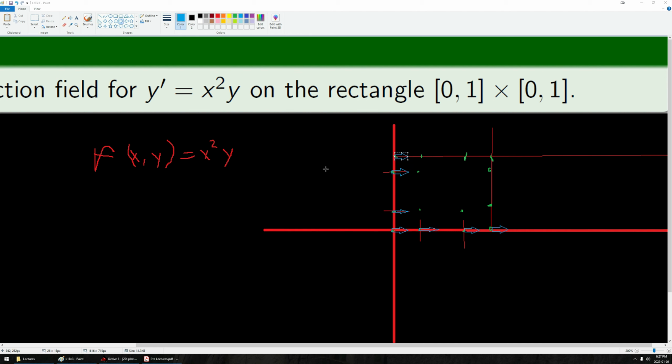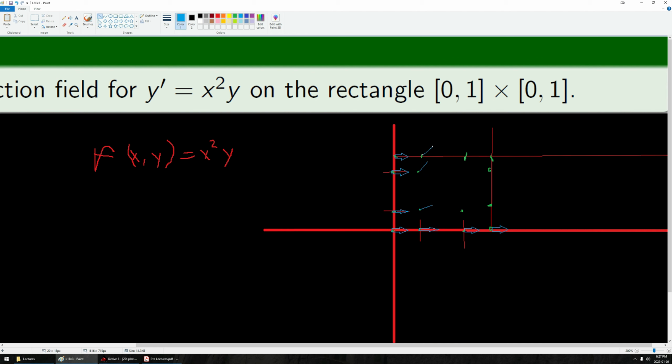Okay, so next up, if x is 1/3, I'll get a 1/9 for the x squared bit. And as I go up here, as y increases, the slope will increase. So I'll get something that looks like maybe some kind of slight slope here. And as I go up, the slope will increase. So I'll get a higher slope here.